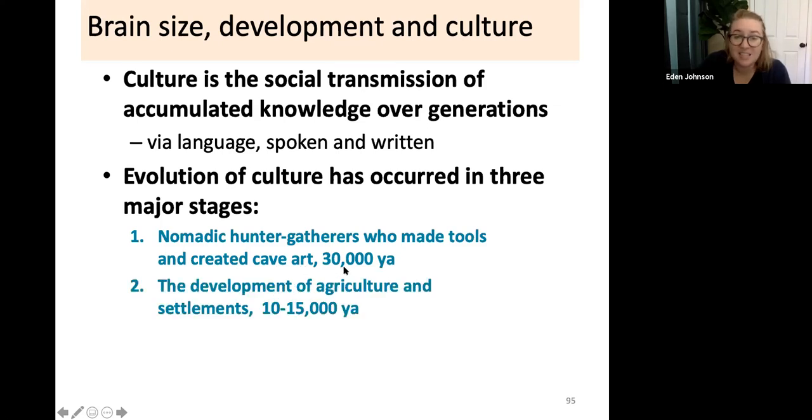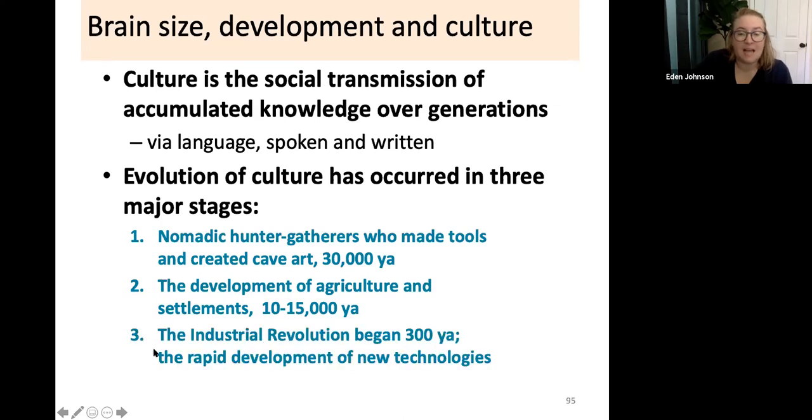That is nothing. Then we've got the development of agriculture, development of settlements between 10 and 15,000 years ago. And then the Industrial Revolution that came only 300 years ago, where we had the development of new technologies, which of course is changing everything about human evolution right now.